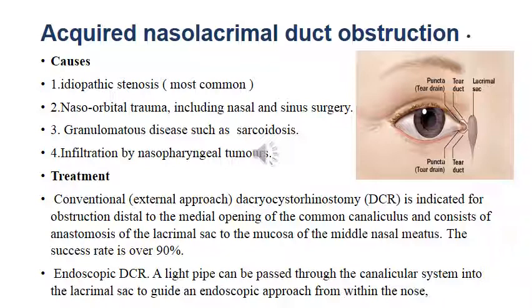In conventional, we use a skin incision and direct approach. In endoscopic, we use an endoscopic approach from within the nose. That's the difference. As we know, the differences between these two procedures are the rehabilitation, blood loss, and expensive machinery.